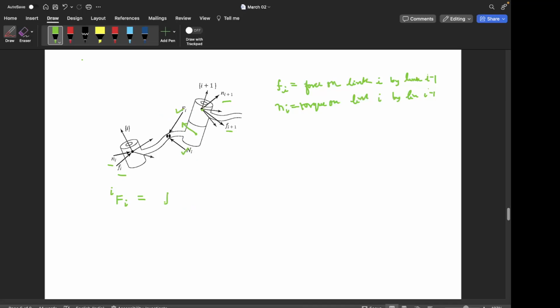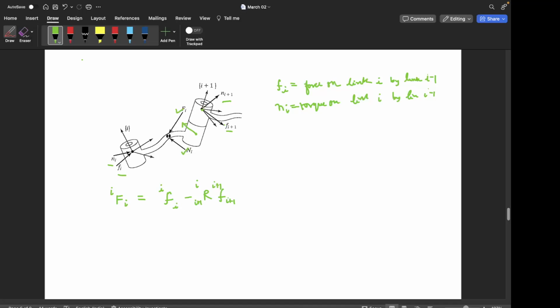So the net force on this link will be Fi minus Fi plus 1. And I will write everything in the ith frame. Did you get why the minus sign is coming?